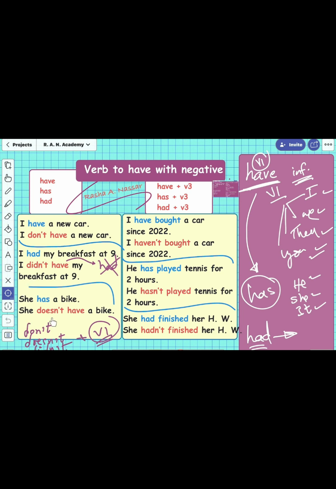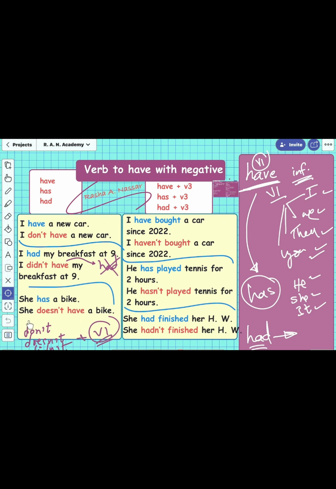Here I will choose doesn't. Why? Because doesn't goes with he, she, and it. And I have here has, and has with s, I have to choose doesn't. But if my sentence is in the past, I have to choose didn't. And if my sentence is in the present and I have I, we, they, and you, I have to choose don't. So here I will choose doesn't have a bike.